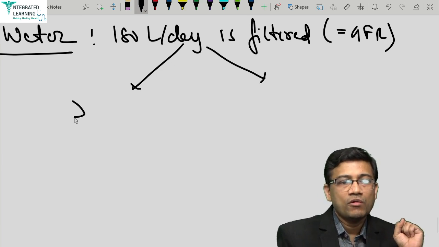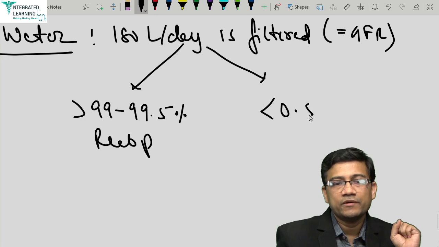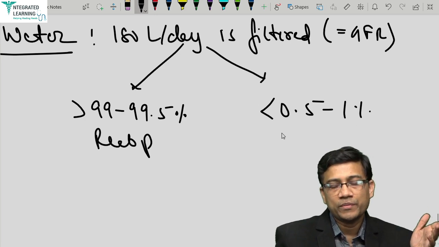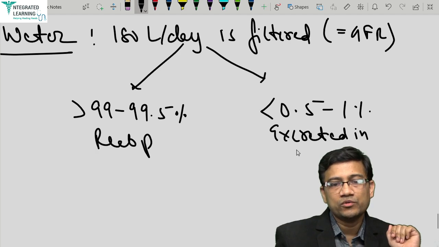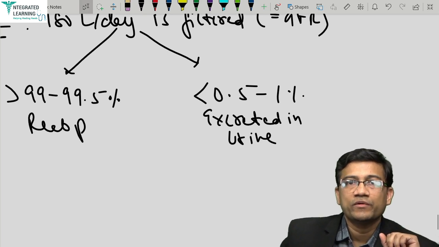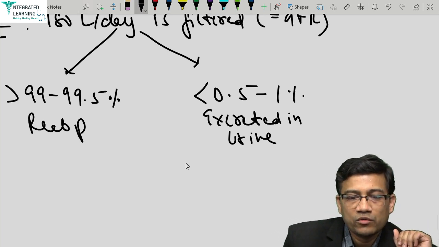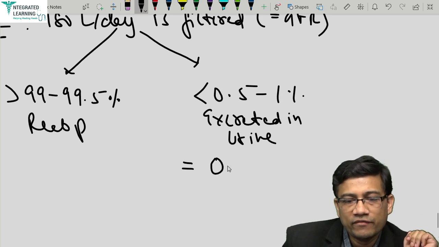What are the two divisions? More than 99 to 99.5% is reabsorbed, and less than 0.5 to 1% is excreted in urine. Can you convert to a number? What is 1% of 180? 1.8, and half is 0.9.